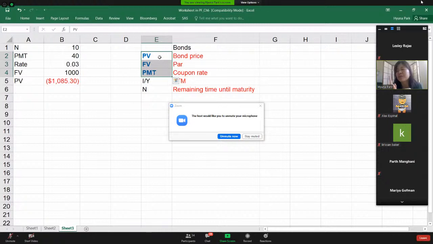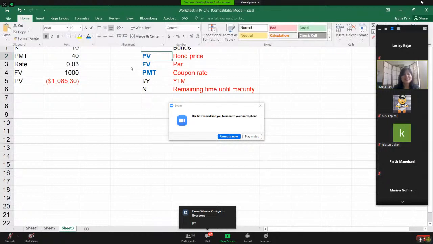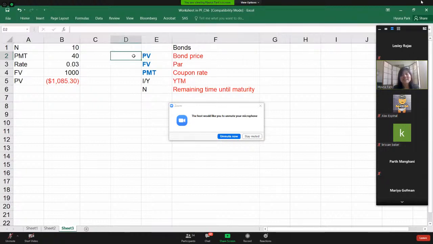So which one must have the opposite sign from the other 2? Do you think future value, Julia? That's not the correct answer. Yeah, present value must have the opposite sign, and these 2 should have the same sign.